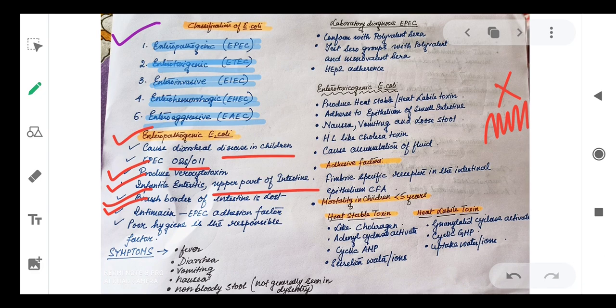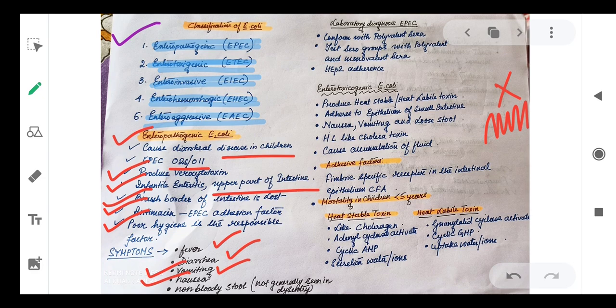Intimin is the EPEC adhesion factor, with which this E. coli adheres to the cell. And poor hygiene is one of the causes. So symptoms are fever, diarrhea, vomiting, nausea, non-bloody stool.